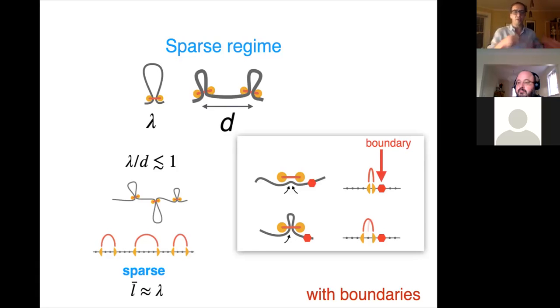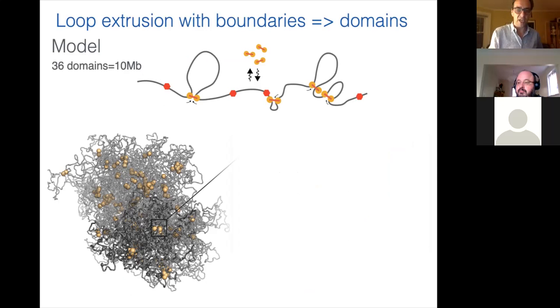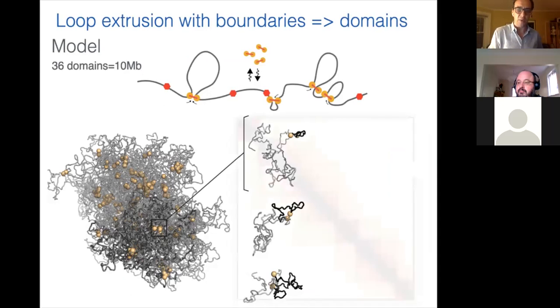So if I were to show this with my hand, I would be a loop extruder, and I would be extruding until I come to some sort of a boundary here, but it will continue reeling DNA in on the other side.